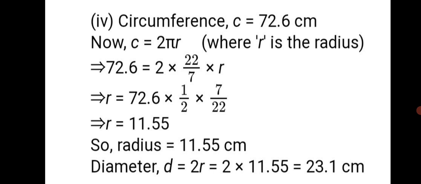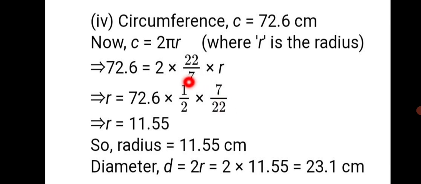Question number 4. Now again we have circumference given, which is in decimal number, 72.6 centimeter. So now again we use the formula circumference is equal to 2 pi r, where r is the radius. Substitute the value of circumference. 72.6 is equal to 2 into pi, which is 22 upon 7, into r. Now shift the values to one side. So r will be equal to 72.6 multiplied by 7 divided by 2 into 22.